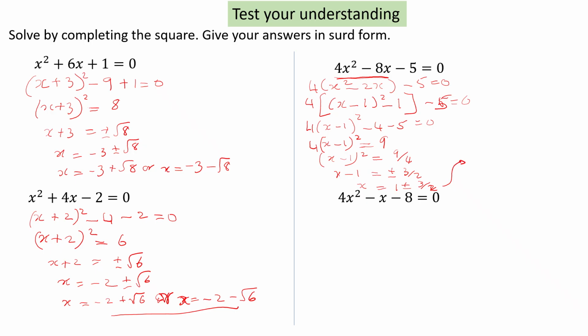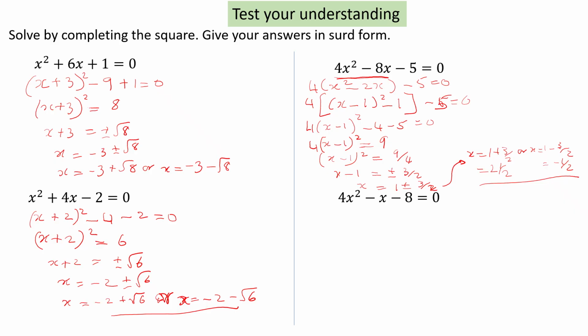So we have two answers. x equals 1 plus 3 over 2, or x equals 1 minus 3 over 2. So 1 plus 3 over 2 is 5 over 2, or 2.5. 1 minus 3 over 2, so x equals minus half. So this is the answer.